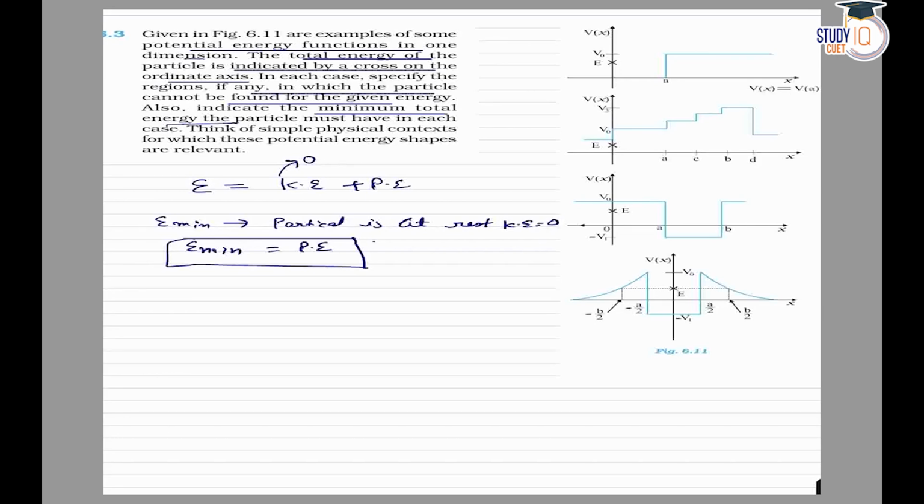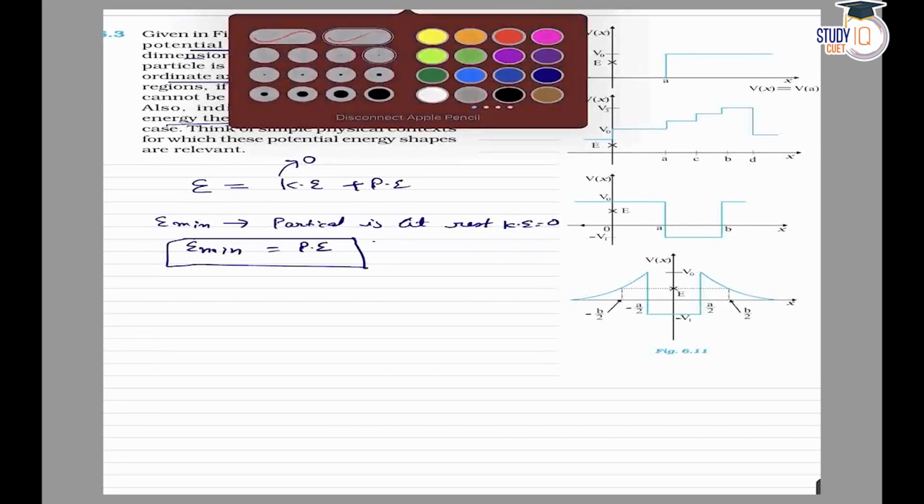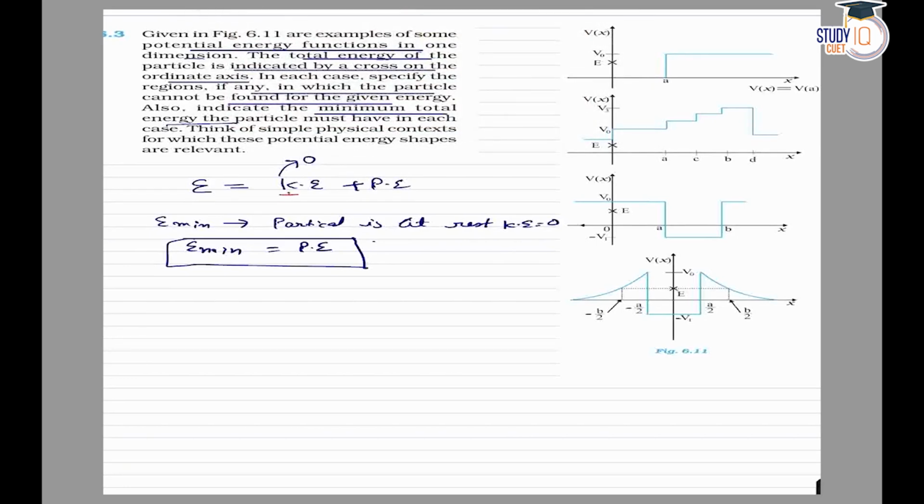Another thing which we can see from this is that, as we all know, the kinetic energy is greater than or equal to 0. It is either positive or 0. So from this we can say that kinetic energy is positive only when potential energy is less than total energy.